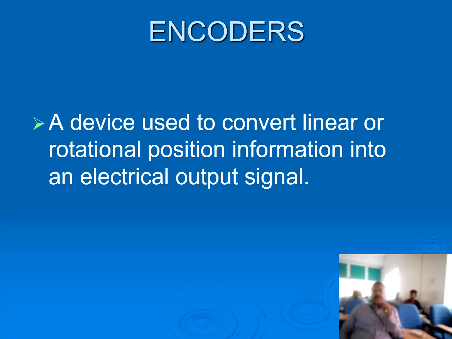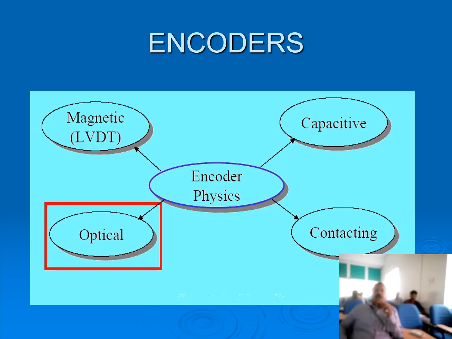So the physical parameter like linear or rotation position is converted by this encoder into an electrical signal, which is the output. So the encoder, we have magnetic, LVDT, or optical, contacting type, or capacitive type. So the encoders may be of these types.